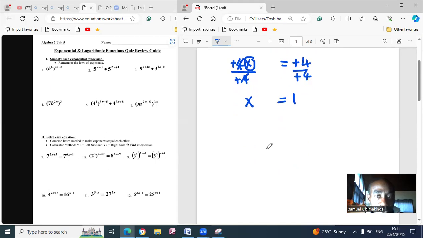You can check your answer by evaluation. By evaluation, I mean you can substitute x with 1 anywhere you find x. Remember, the original equation is 7 exponent 2x plus 3 equals 7 exponent 6x minus 1.